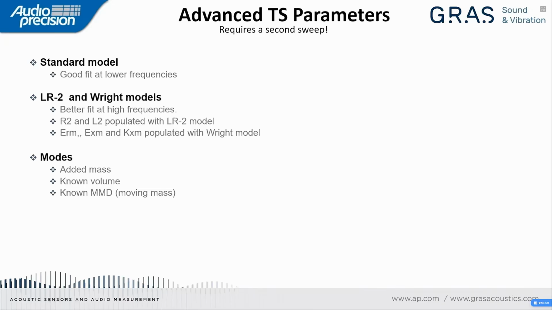You need to add enough mass so that you shift the resonant frequency by at least 5%. APX will accept mass in the range of 1 gram to 1,000 grams.